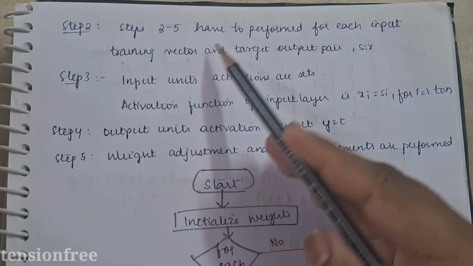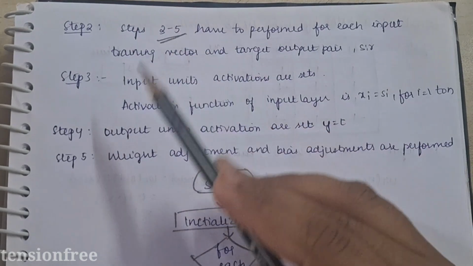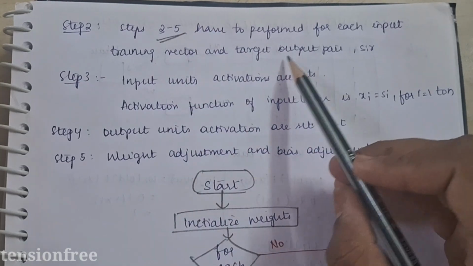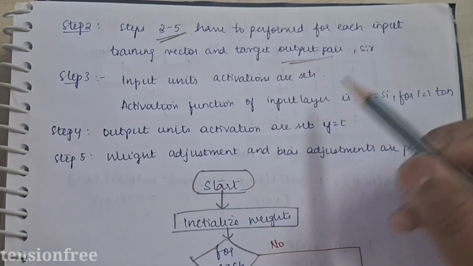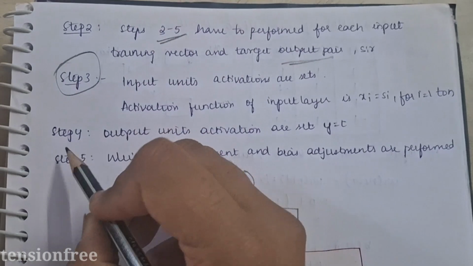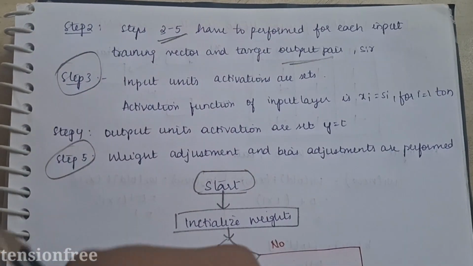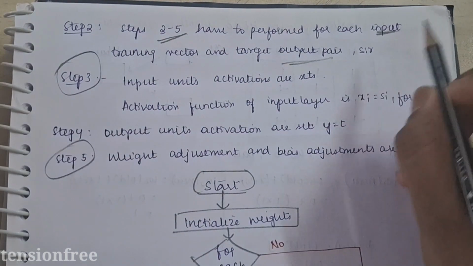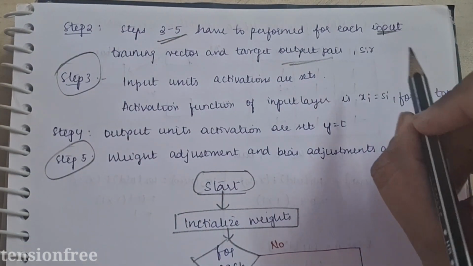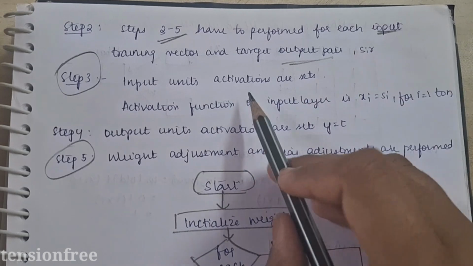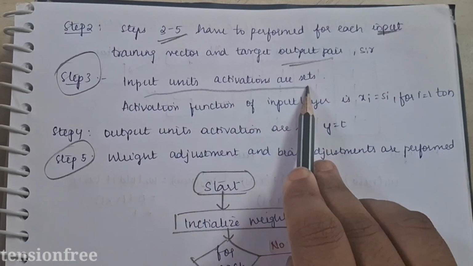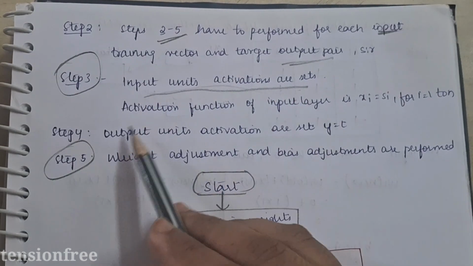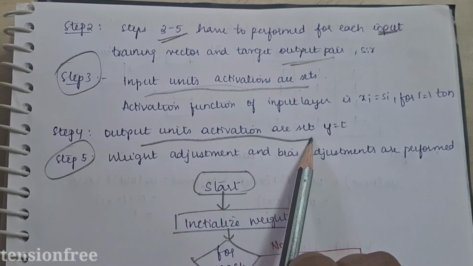The second step is that we need to perform the third to fifth steps for each input vector and target output pair, to give the performance between the input vector and the output vector. What are these steps? We need to set the input vector activations, and after that the output vector activation will be done.